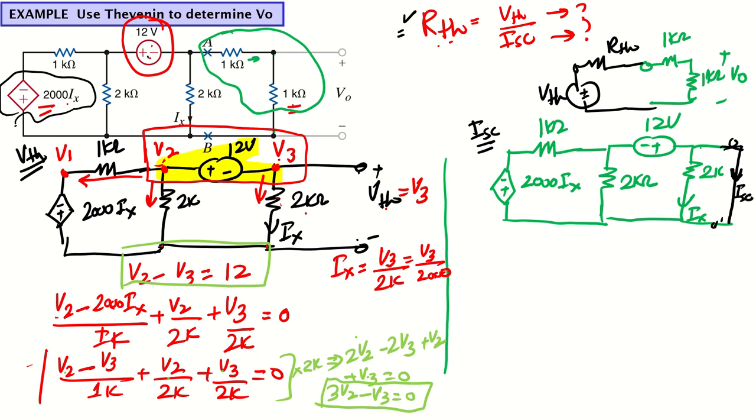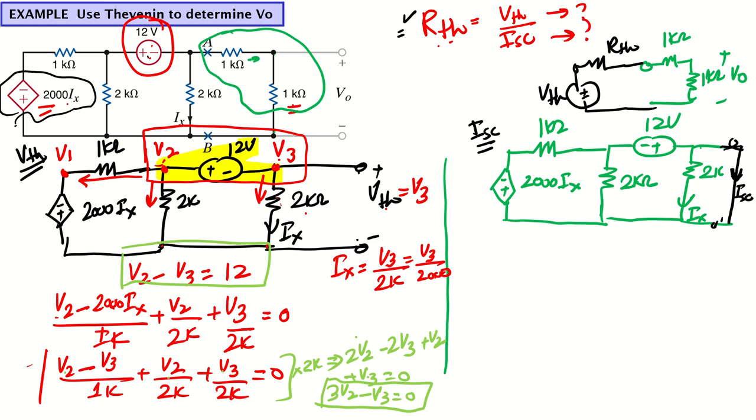So we can solve these two equations, and that can give us the values of V2 and V3. And once we have the value of V3, that will give me the Thevenin value.